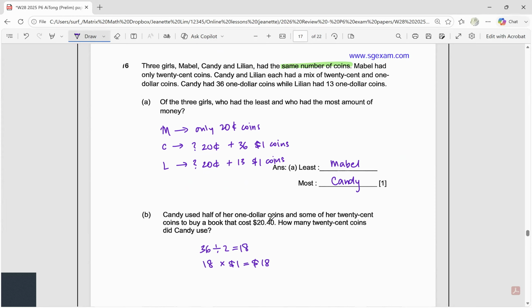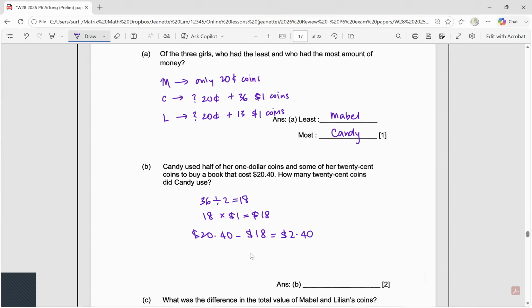But the book cost $20.40. So $20.40 minus all that $1 coins, you get $2.40. $2.40 is made up of all her 20-cent coins. So how many 20-cent coins is that? So 240 divided by 20 cents, that'd be 12. Okay, she has 12 20-cent coins.